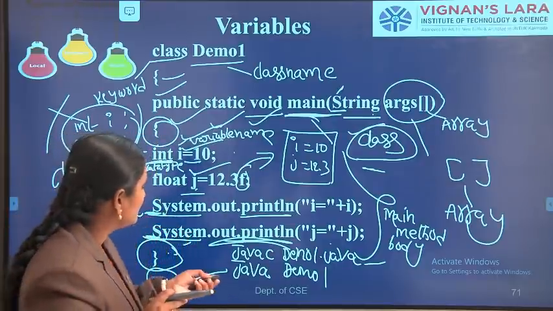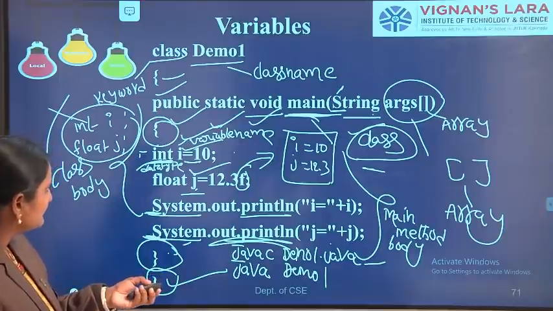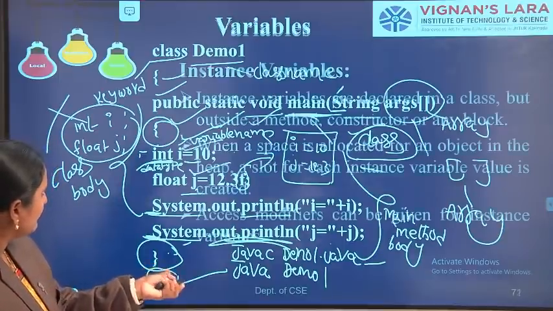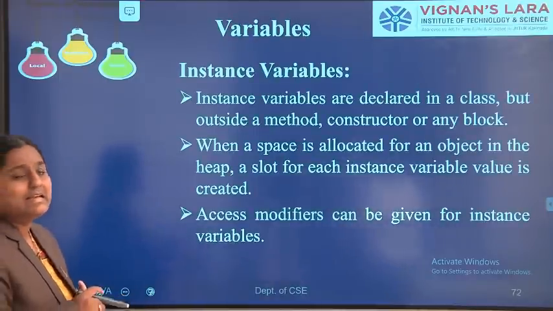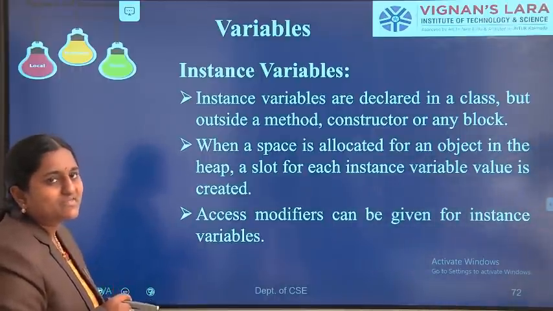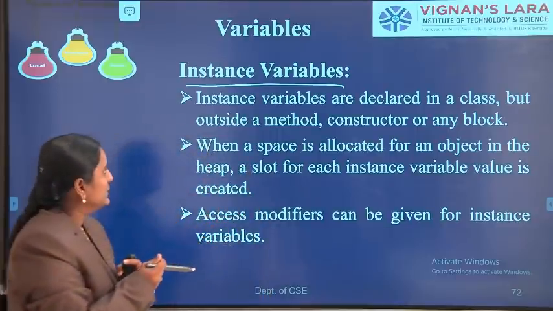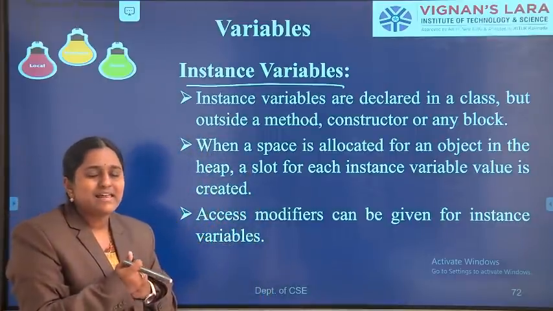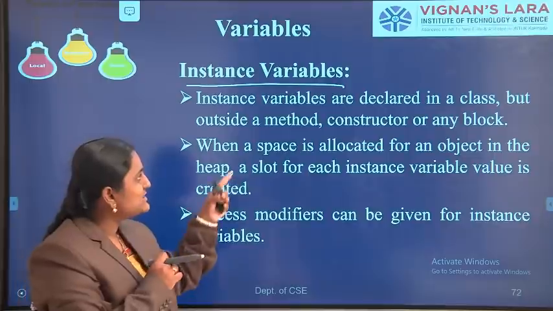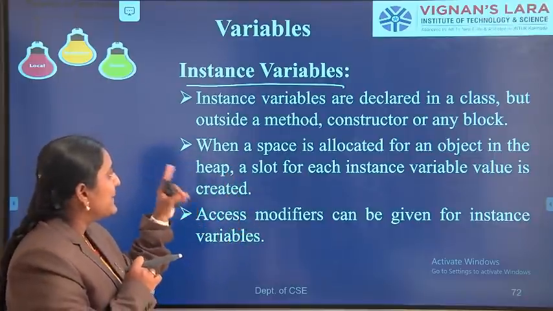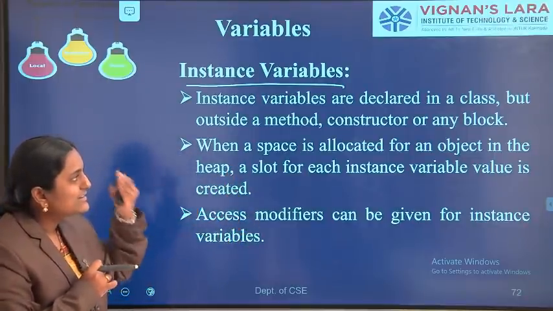Next one is instance variables. So what are instance variables? Instance variables are declared in a class, but outside a method, constructor or any block.